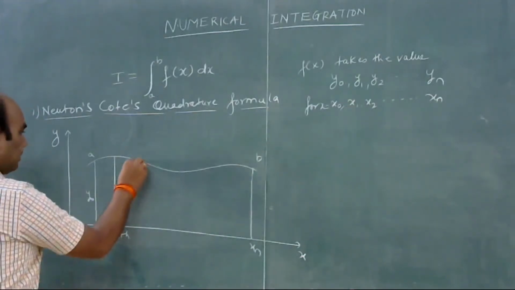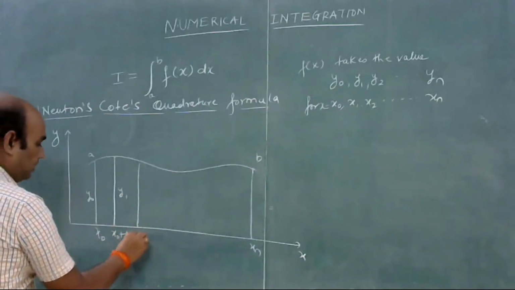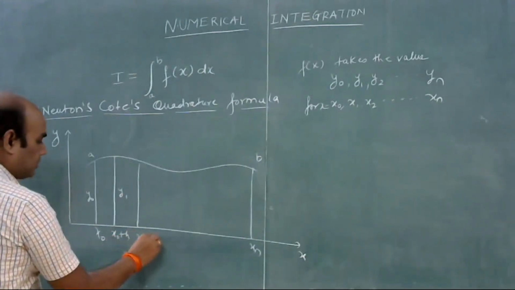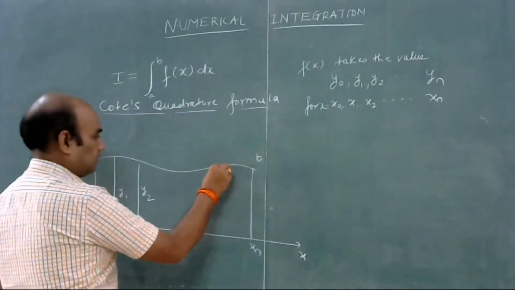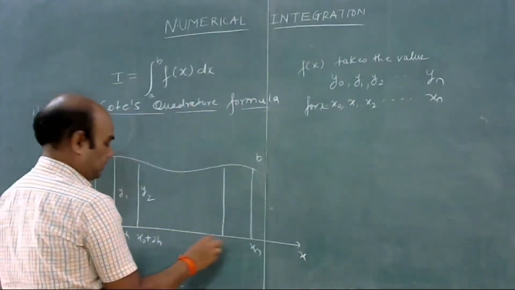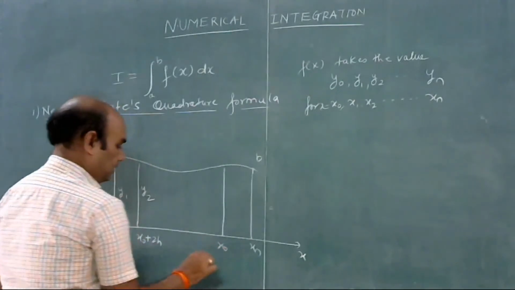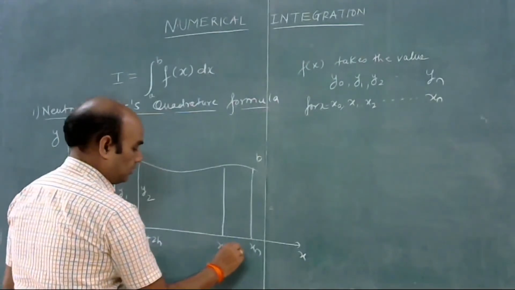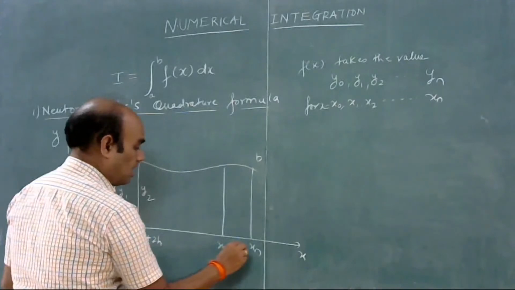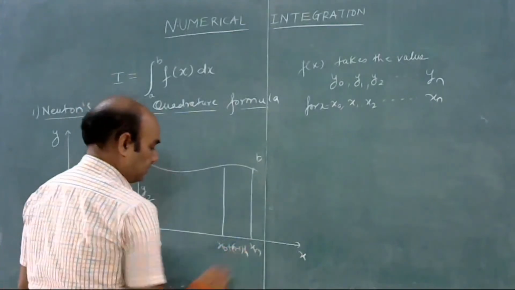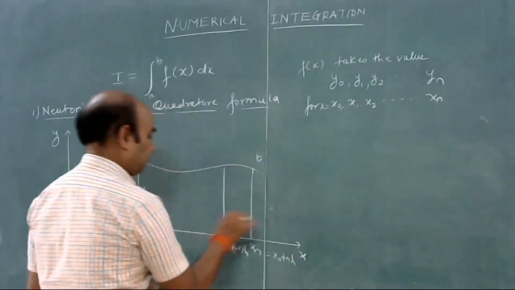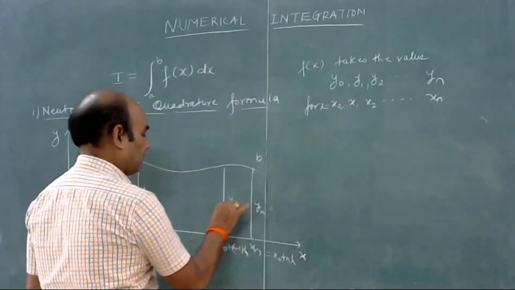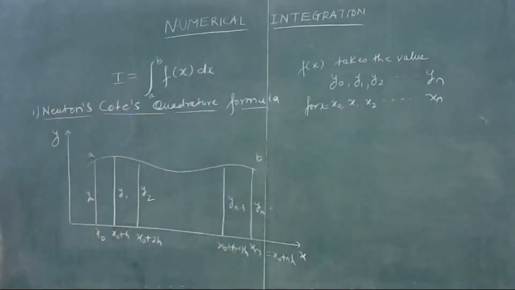This will be y1. Next, this will be x0 plus 2h. Then this is x0 plus n minus 1 into h, and this is x0 plus n into h. This is yn, this is yn minus 1.